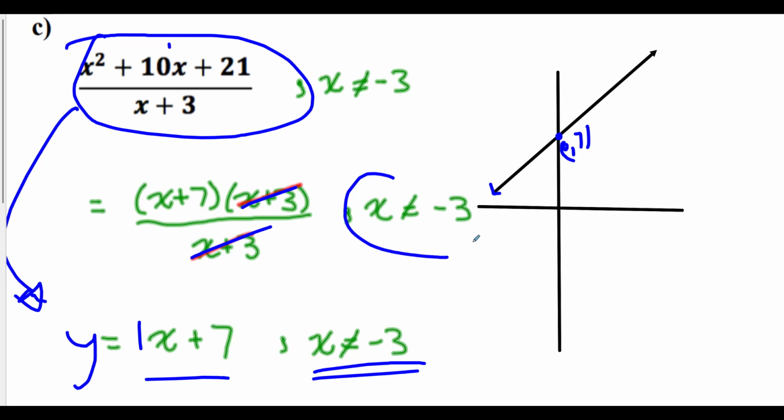And that hole occurs at the restriction value, so -3. So if I have -3 here, that means this line looks like this, where there's a gap in the linear line.